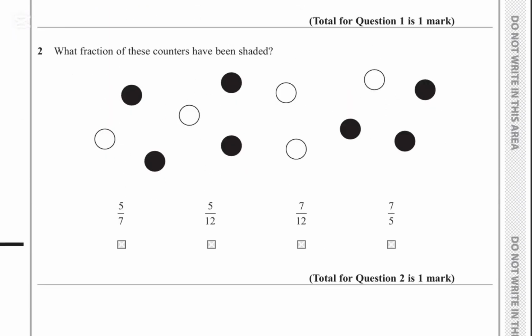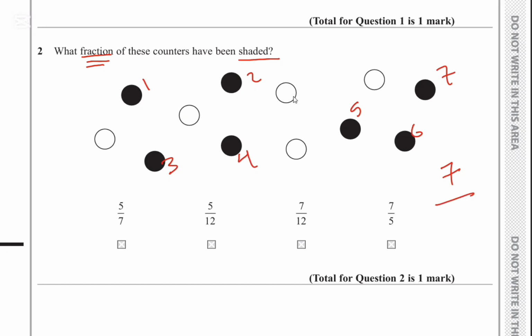Now, we have to write the fraction. Guys, you have to focus here that we don't have to write the ratio, we're writing the fraction of the shaded ones. So here we have 1, 2, 3, 4, 5, 6, 7. That means it's 7 over the total number.